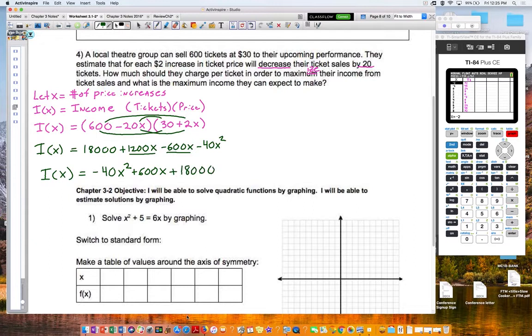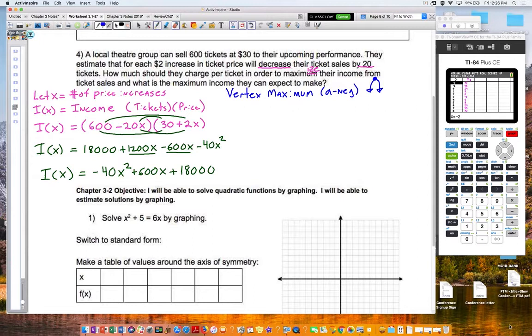So now, using this function to find the maximum, I know that my vertex is going to be the maximum. And I know this because a is negative, so I know my parabola is opening down. So I want to find that maximum point.